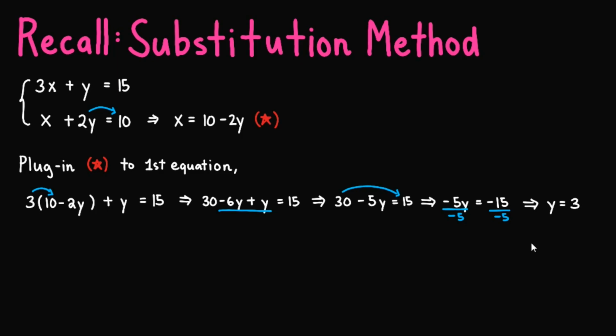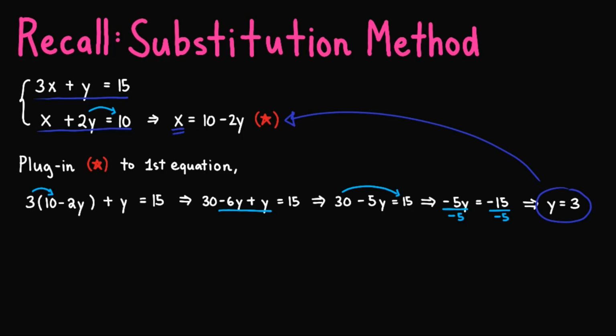From this, what we can do is we plug this value into either the first equation or the second equation. But the best equation to plug it into is this equation star, since x is already isolated. So we'll do that one.